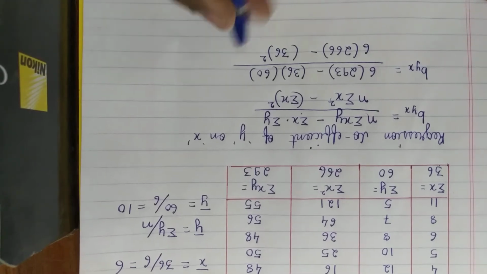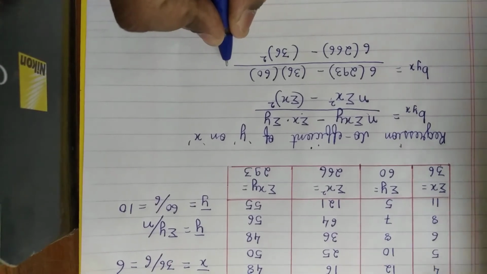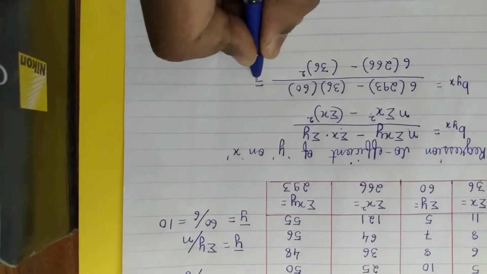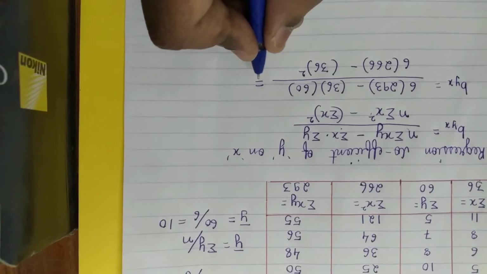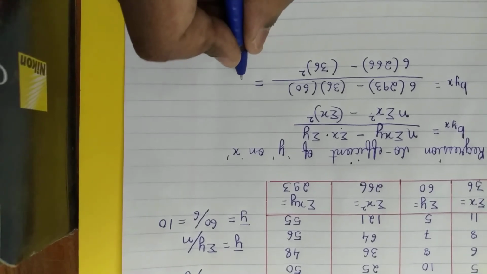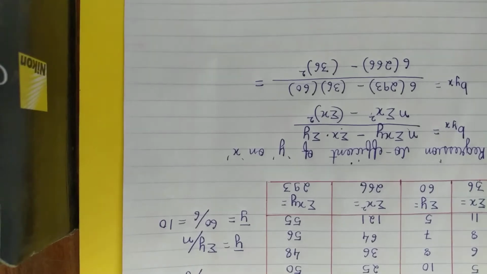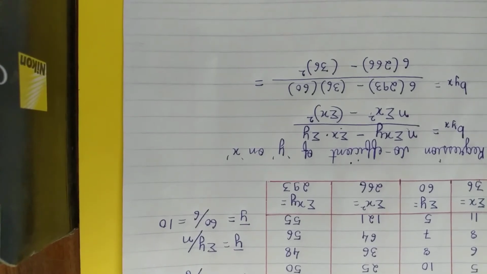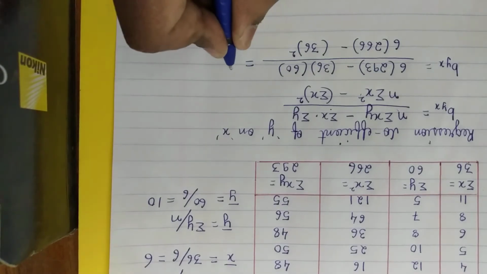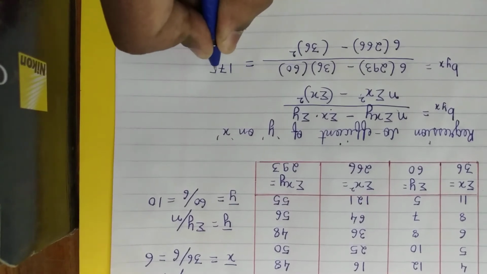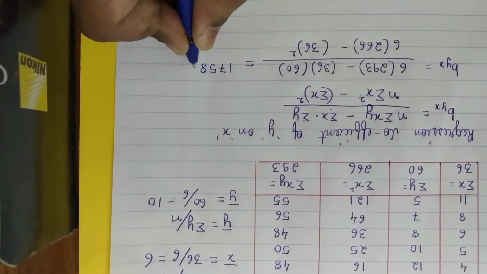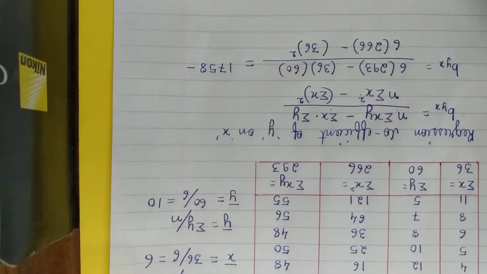So just simplify this. I'll write it here itself, which is equal to 6 into 293 minus this. So this is 1758 minus 36 into 60.